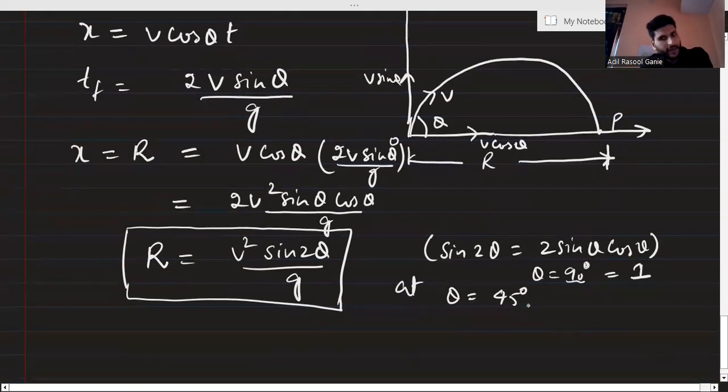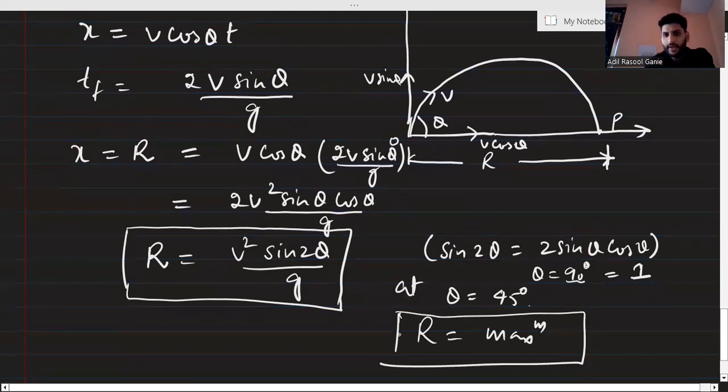So at theta 45 degrees, the range would always be maximum. So the maximum value of the range for any body projected at a certain angle would be at the angle of 45 degrees. So thanks for today. This is all about today's lecture. Thank you.